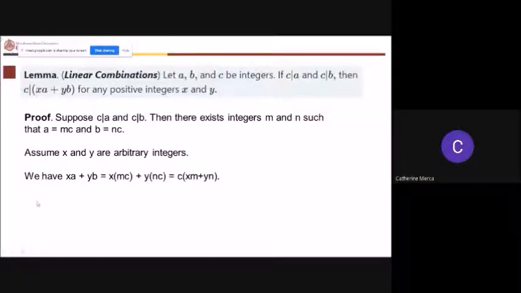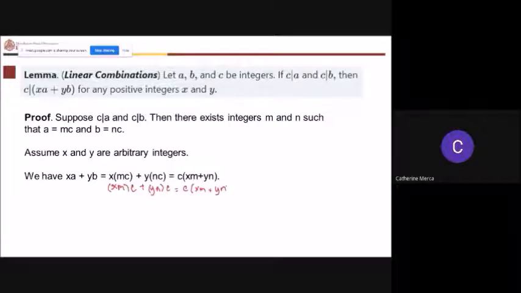Associativity and commutativity are properties of integers, right? So this can be rewritten as x times m times c, then group together c times yn, by associativity. Then c is the common factor, so you can have c times xm plus yn.